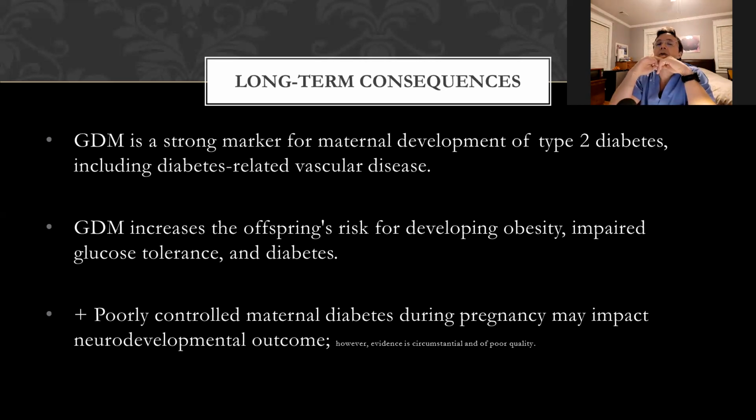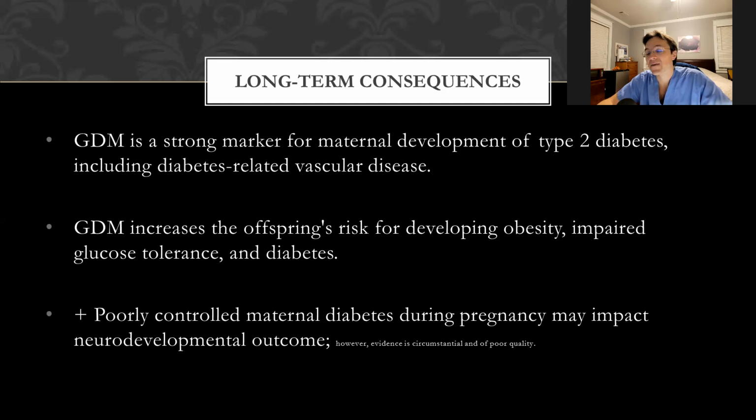And according to Robbins and Cotran, it's mentioned that even if gestational diabetes mellitus resolves spontaneously, the majority of affected women will develop overt diabetes. All right. And on top of that, the offspring is at a high risk of developing obesity.